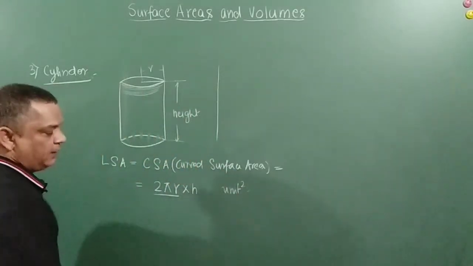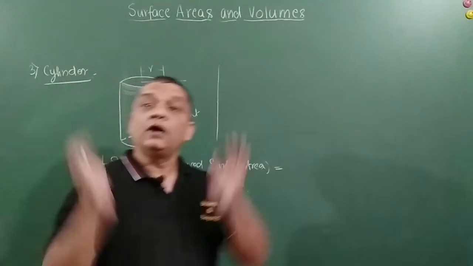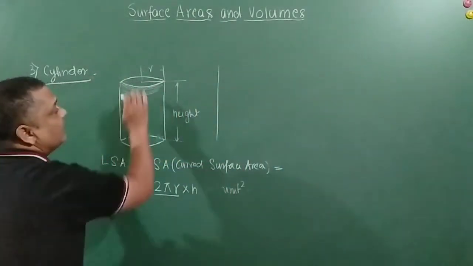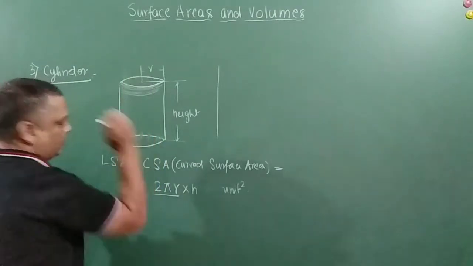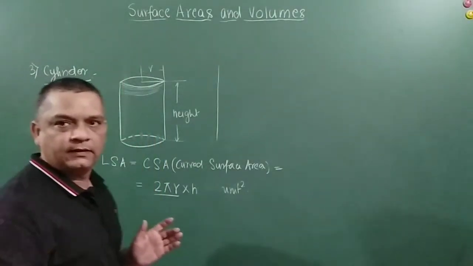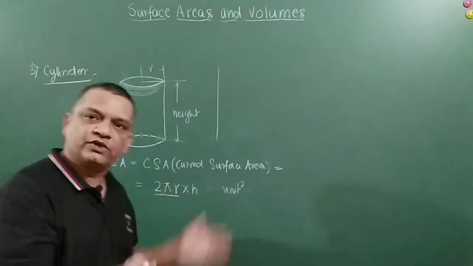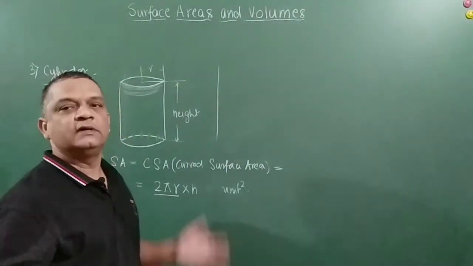Now let us talk about total surface area. So what did we leave here? We left the top and the bottom. Now let us add top and the bottom to this, which would give me the total surface area of a cylinder.